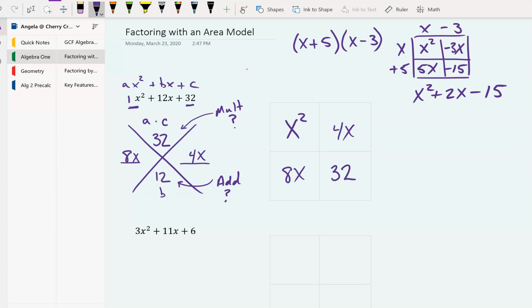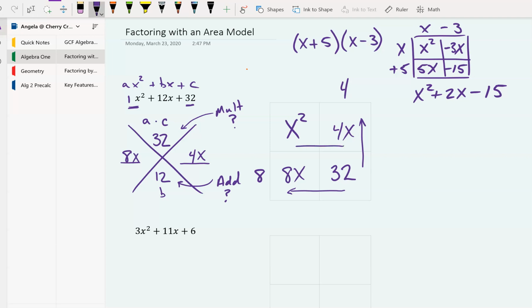As we look at factors of 4x and 32, 4 is common to both. And as we look at factors of 32 and 8x, 8 is common to both. You can double check that this makes sense, because 4 times 8 would be 32. So that looks pretty good.